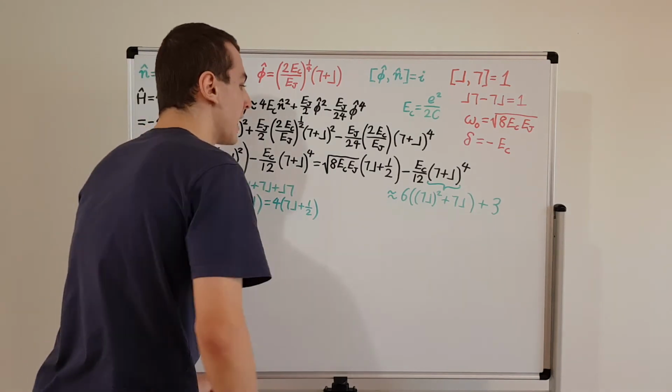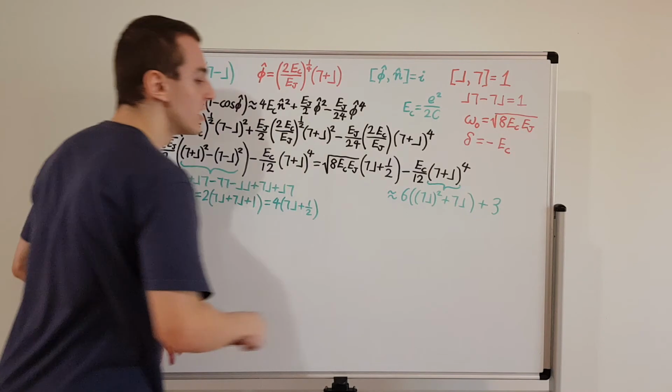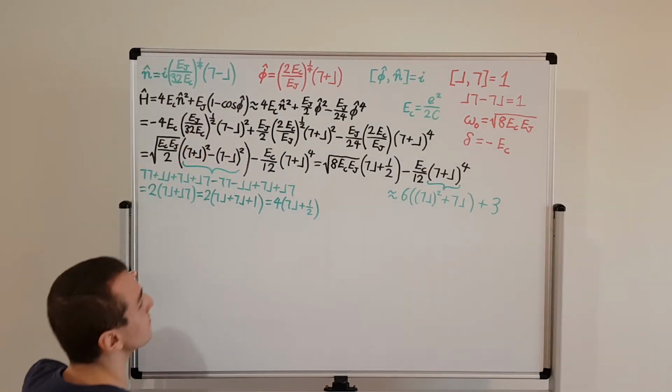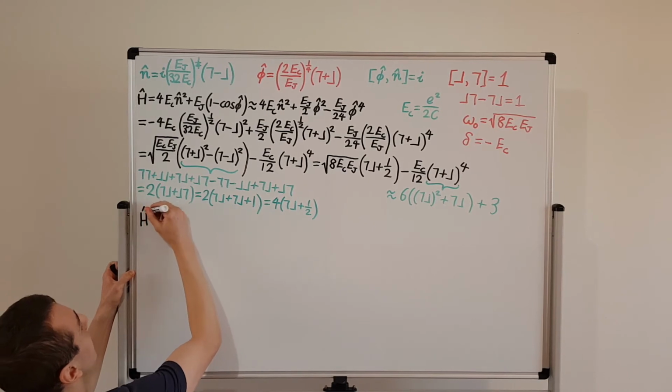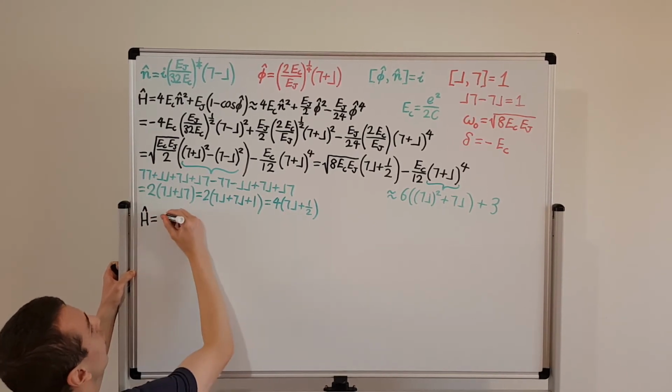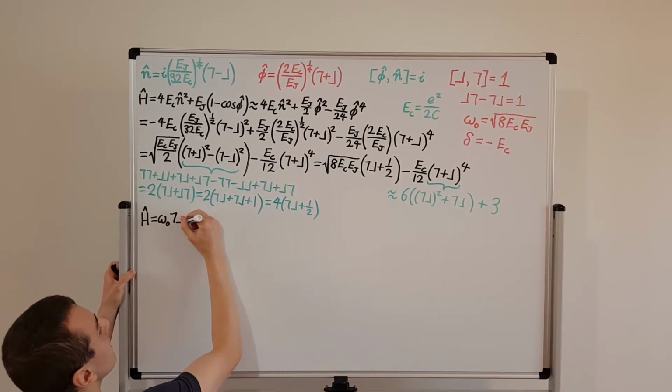Now what I want to do is write this Hamiltonian using this approximation and using these definitions. So I'll write that underneath. So here's what we have. We have that the Hamiltonian is equal to omega naught times creation annihilation.